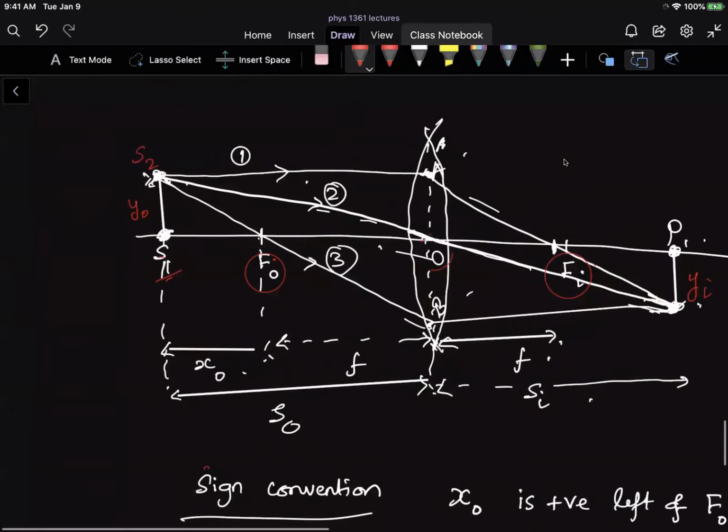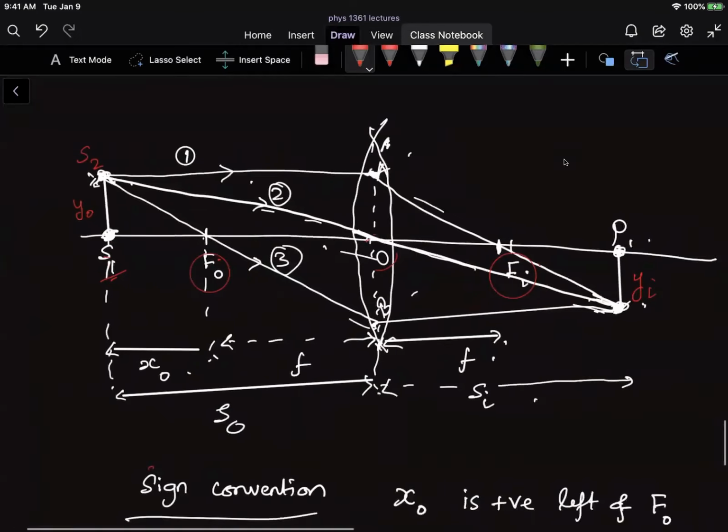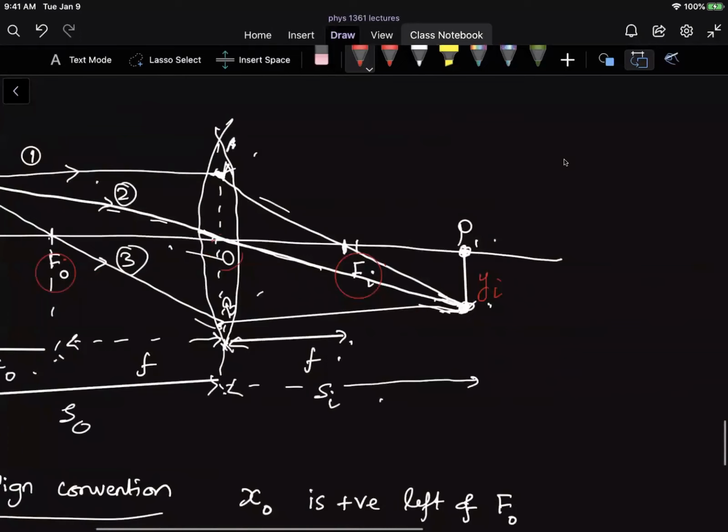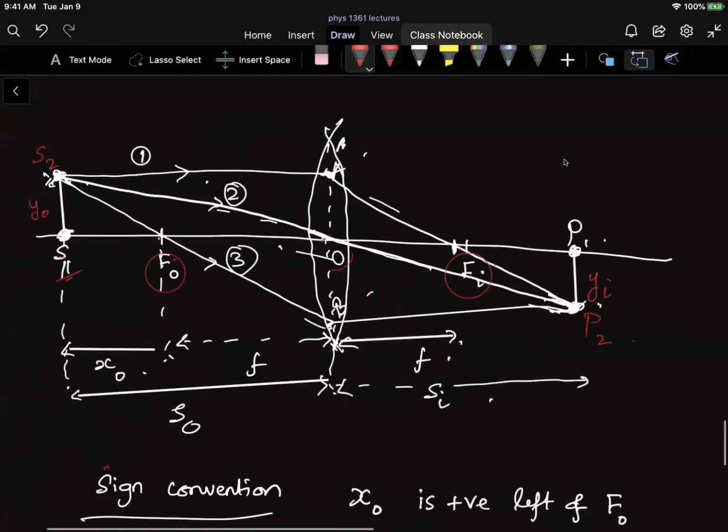S2 is the point from where the rays are coming out at the top of the object, and P2, which is over here, is the point where the rays are meeting. Okay, so S2 and P2 are object and image or conjugate points of each other, just as S1 and P1 are conjugate points for each other.